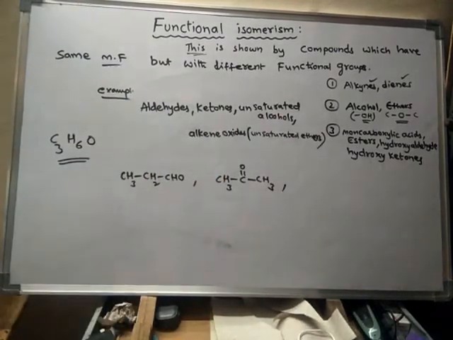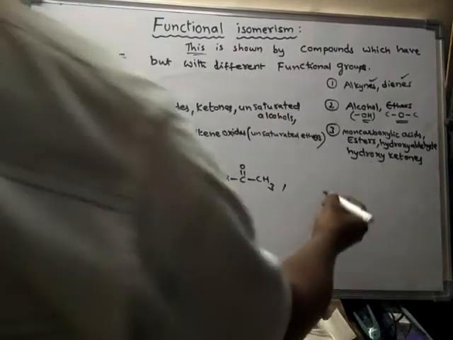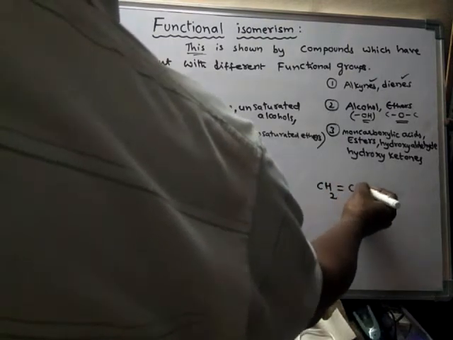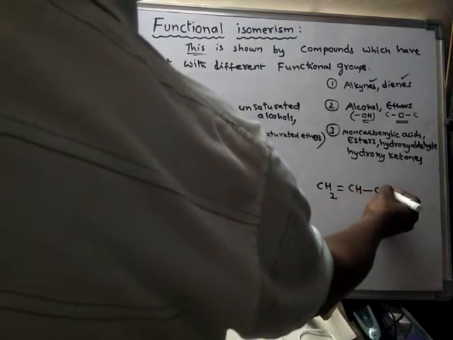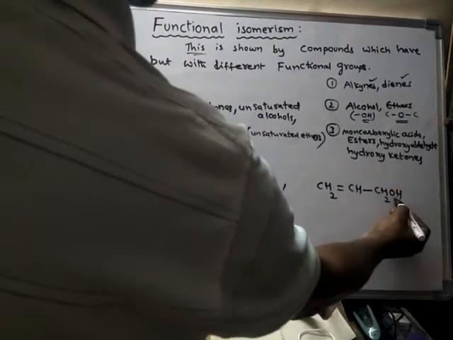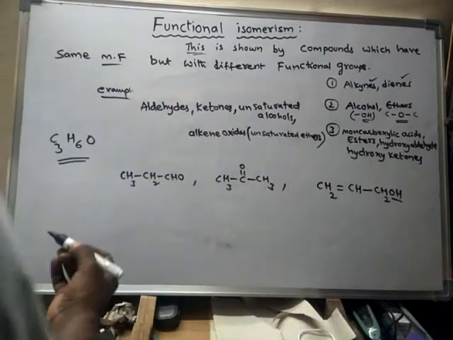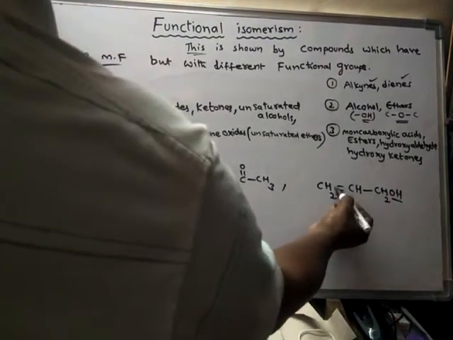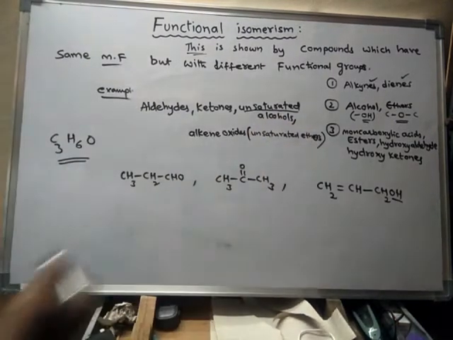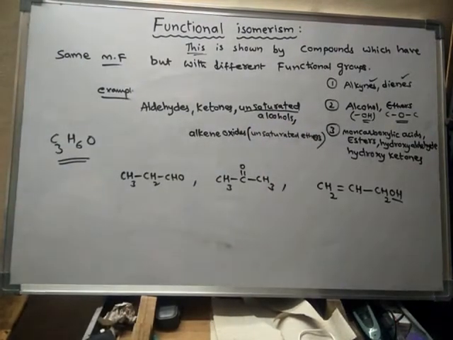Unsaturated alcohols: CH2 double bond CH, CH2OH. So this is the alcohol functional group, and this is a multiple bond. What is the meaning of unsaturated? Unsaturated means multiple bonds. If multiple bonds are present in the compound, then those compounds are said to be unsaturated compounds.